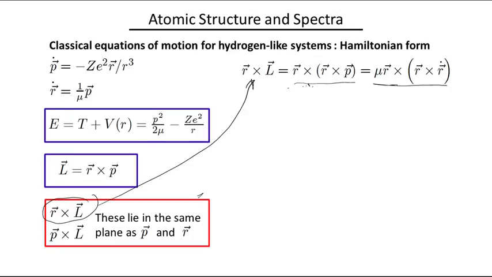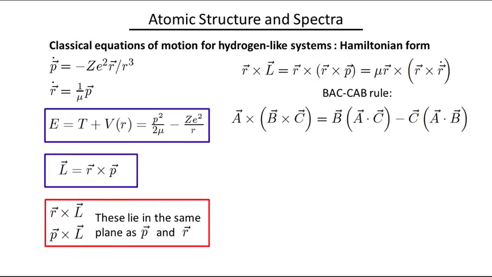Now we're going to invoke a well-known vector identity, the so-called back cab rule. This is going to come up again in the quantum theory of angular momentum, so it's a good idea to be aware that such a thing exists, and later on we'll see how you'll develop a sort of vector calculus that will help you easily rederive it.